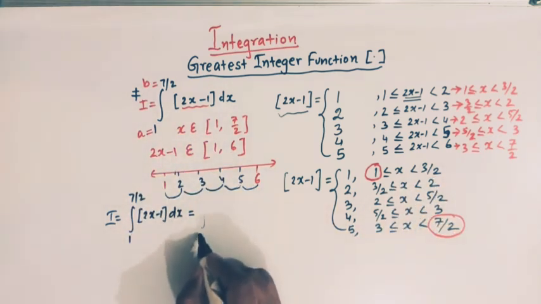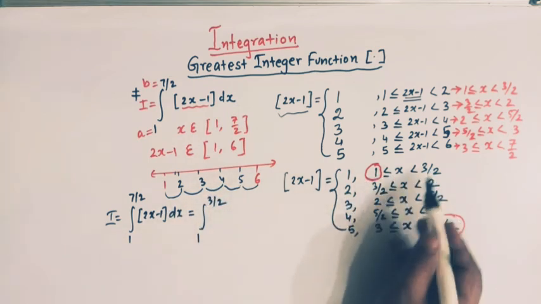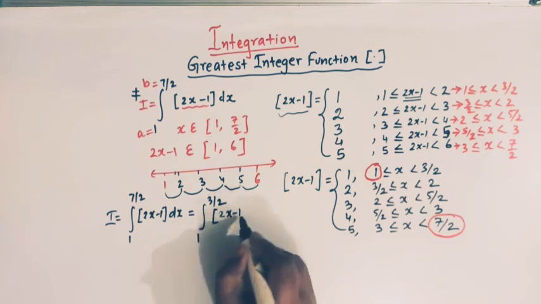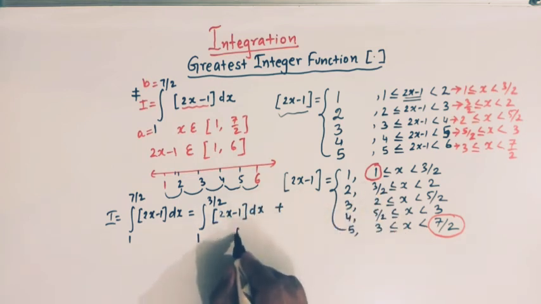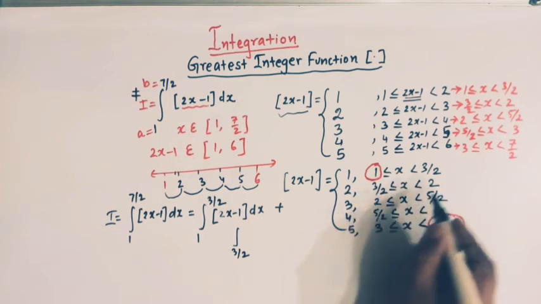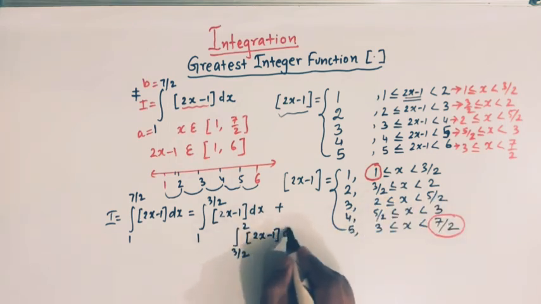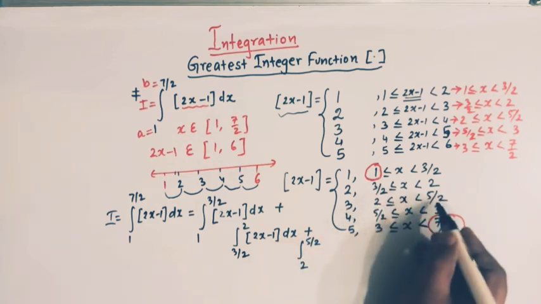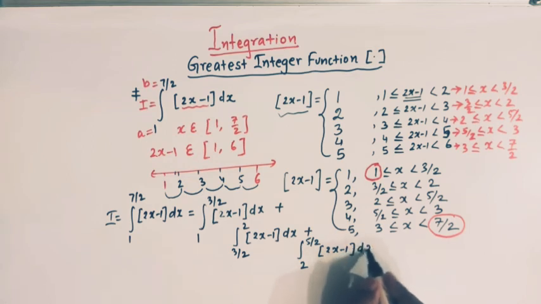So here we have 1 to 3 by 2, greatest integer function 2x minus 1 dx, plus then we have 3 by 2 to 2, greatest integer function 2x minus 1 dx, plus 2 to 5 by 2, greatest integer function 2x minus 1 dx.